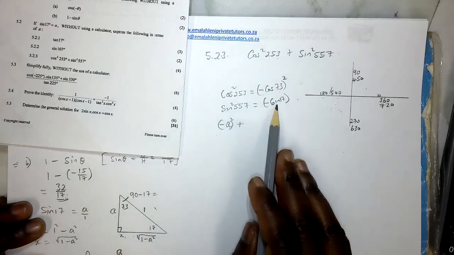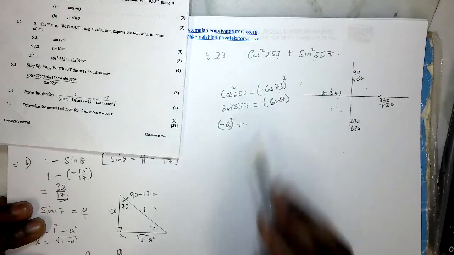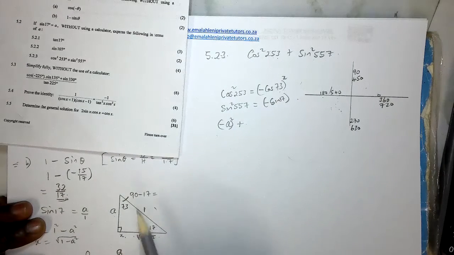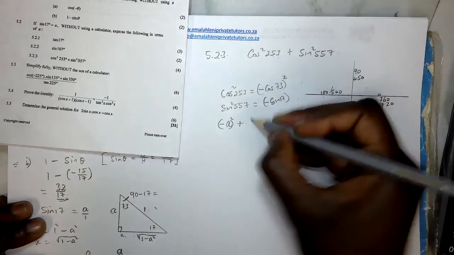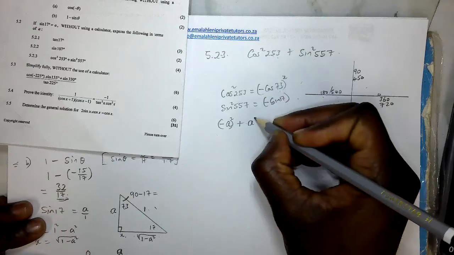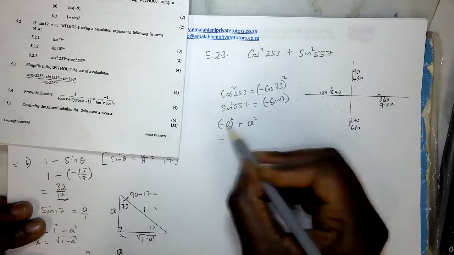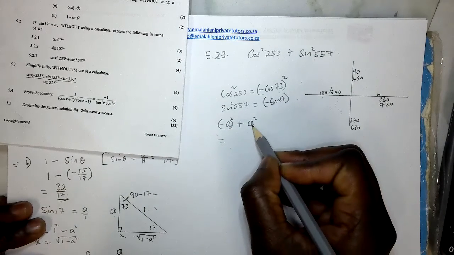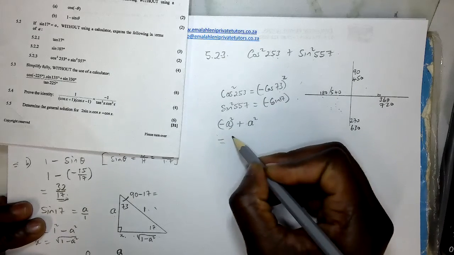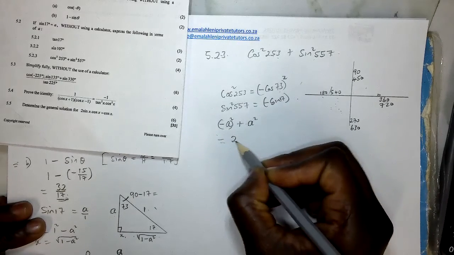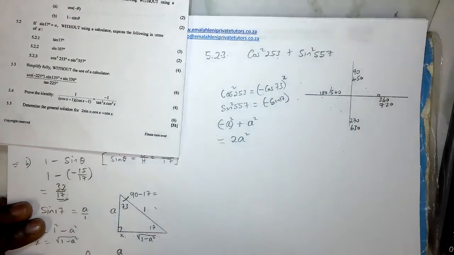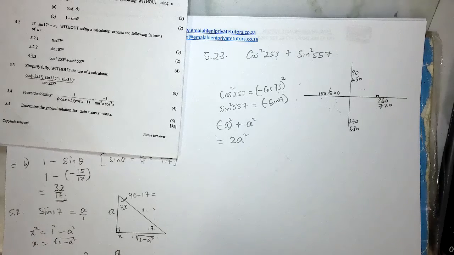Sine 17, negative sine 17. Sine 17, we know that is opposite over hypotenuse, which is going to be plus a squared. What do we get? We get a squared plus a squared, which is 2a squared. So this becomes your answer like that. Okay, that's how you get your answer there.